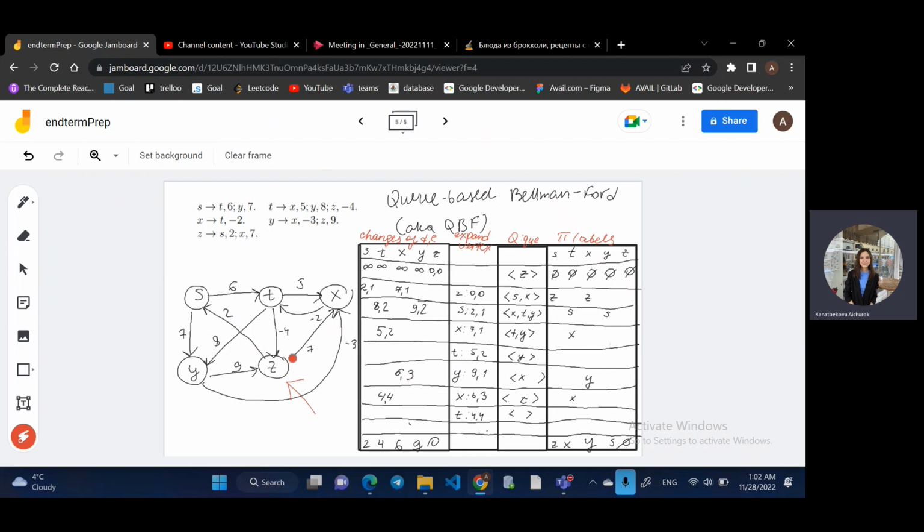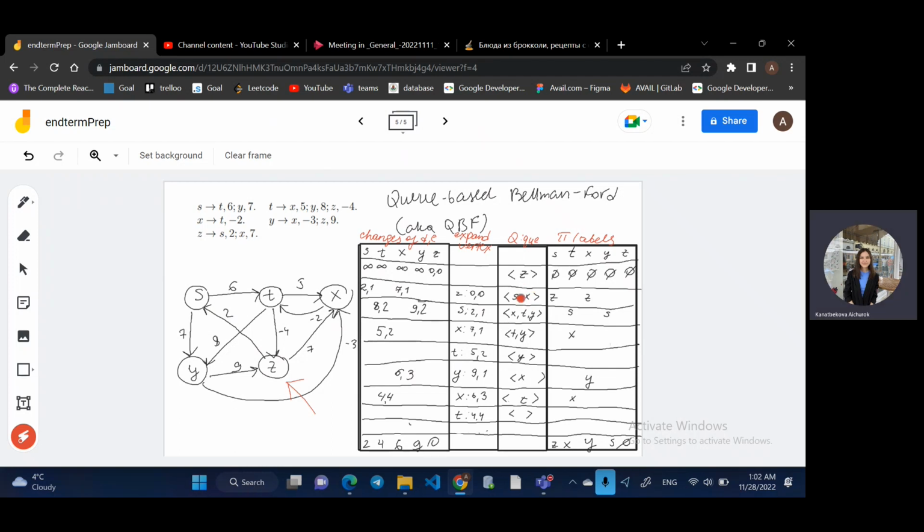And we do the same for X. So it's going to be 7 and 1. And when we take Z from the queue, we have to put its children into the queue if they have shorter paths. So for example, 2 is smaller than infinity, 7 is smaller than infinity. That's why we will put them into this queue.